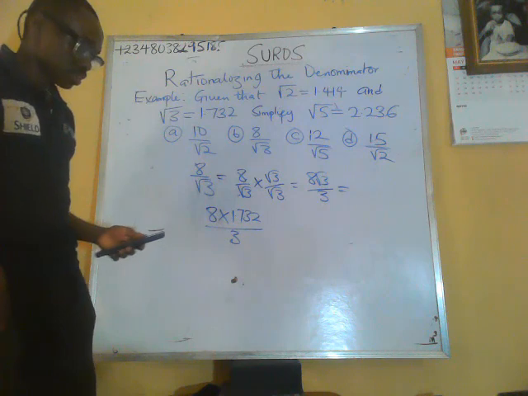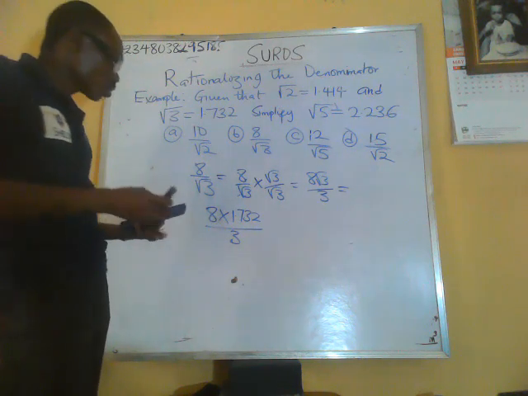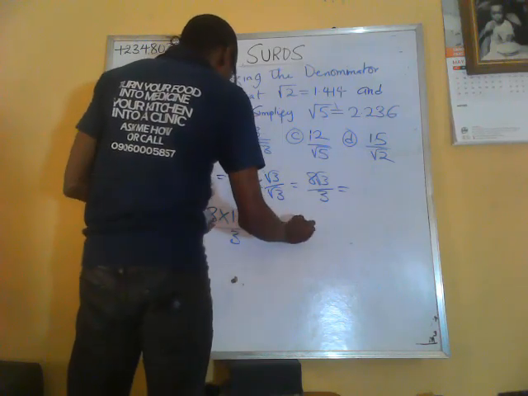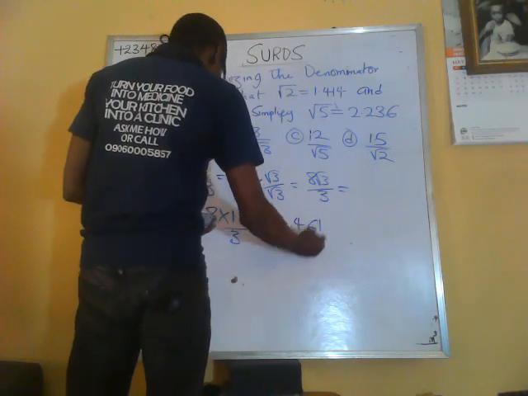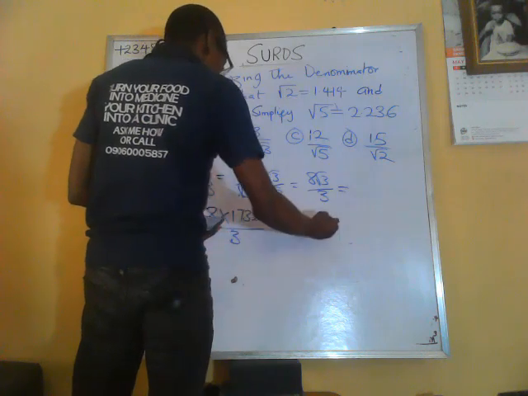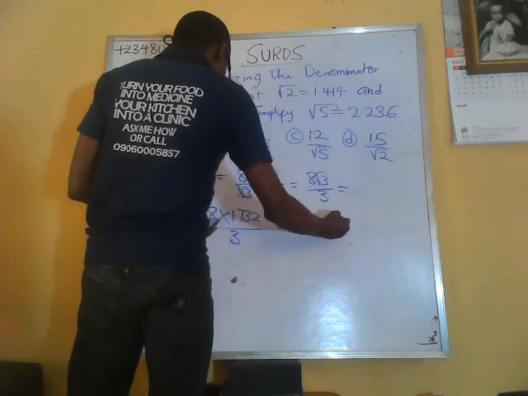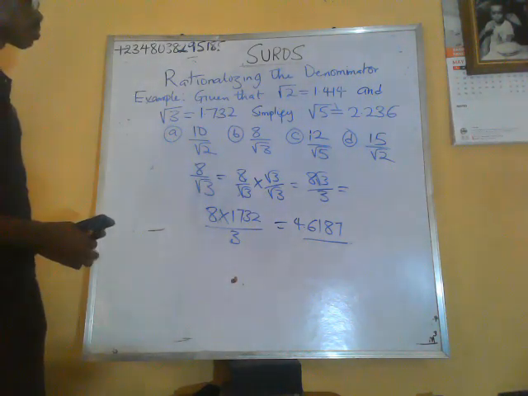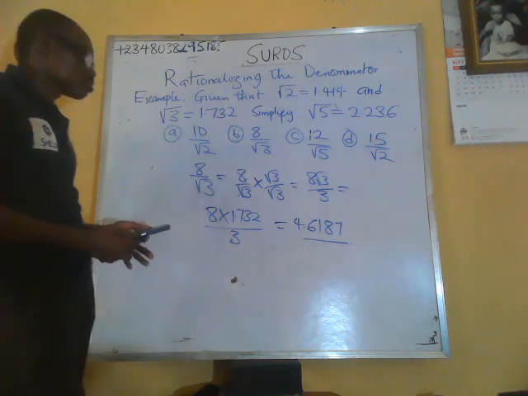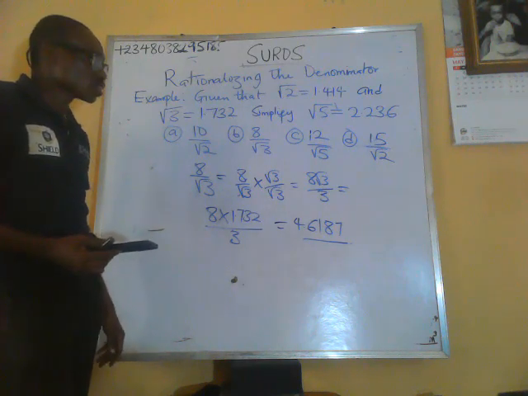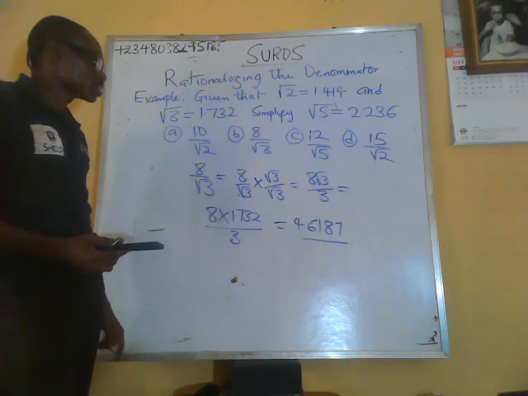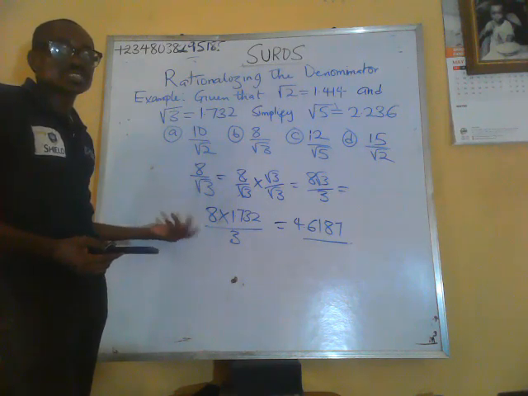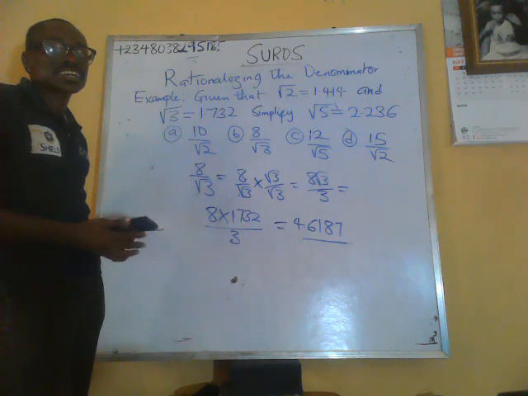Punching 8 times 1.732 divided by 3, I have 4.6187. So rationalizing the denominator is as easy as ABCD.